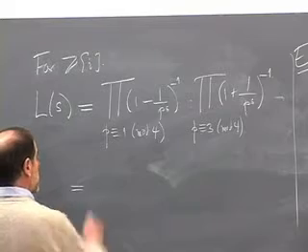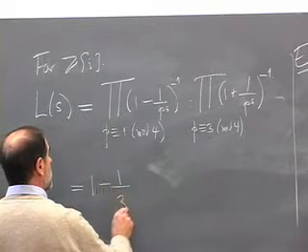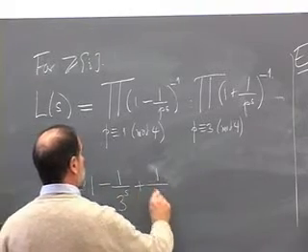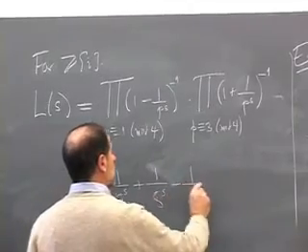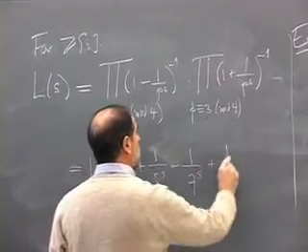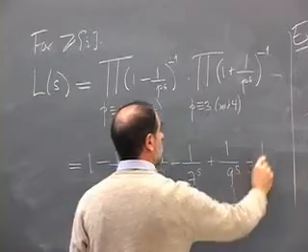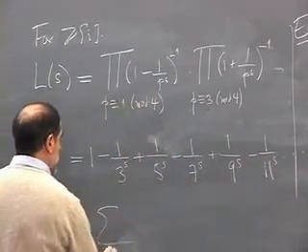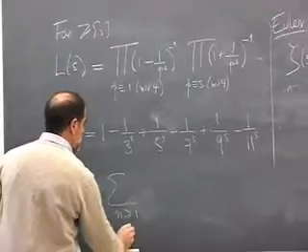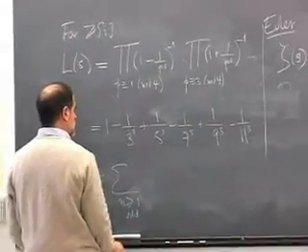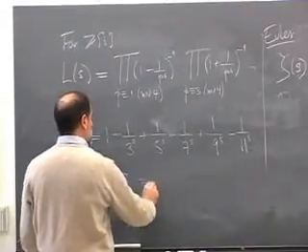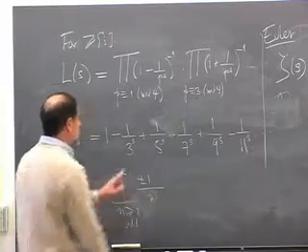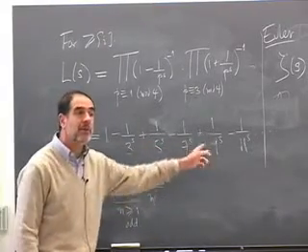So when you gather things up, it looks like this: 1 minus 1 over 3 to the s, plus 1 over 5 to the s, minus 1 over 7 to the s, plus 1 over 9 to the s, minus 1 over 11 to the s, etc. Equals a sum over n greater than or equal to 1, odd, of plus or minus 1 over n to the s. And the plus or minus depends on whether it's 1 mod 4 or 3 mod 4.